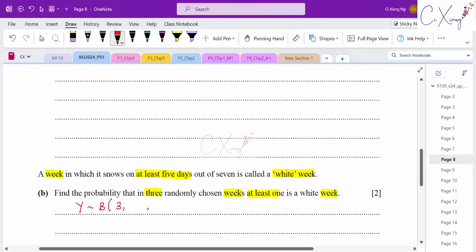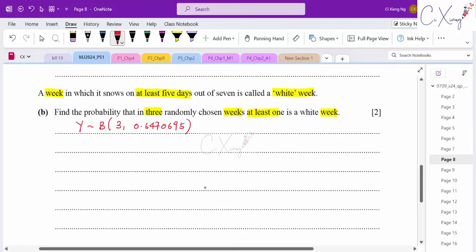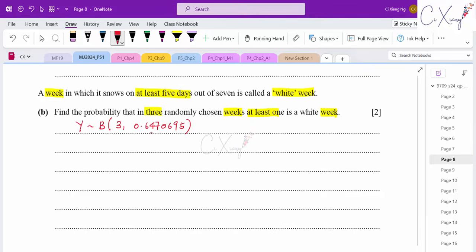Because I want to use this value to calculate the final answer, I strongly suggest you keep your answer as long as possible in your calculation to get the most accurate answer. Some students might say, I just want to cut it short to 0.6647. If you cut it short, throughout the calculation you might lose some accuracy, and sometimes you find that your final answer is slightly different from the marking scheme.